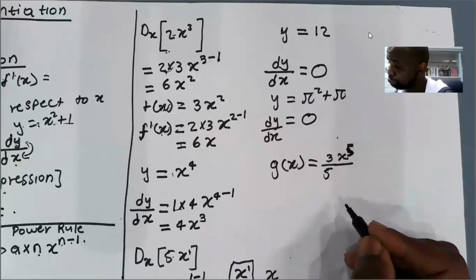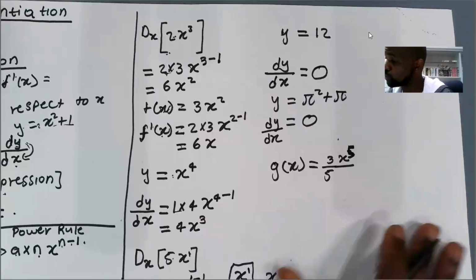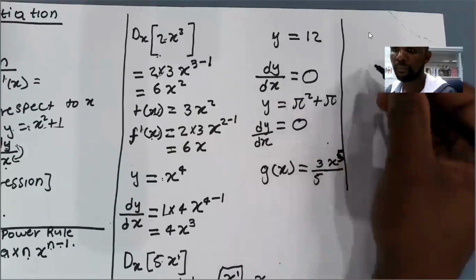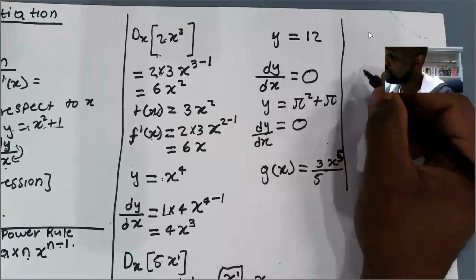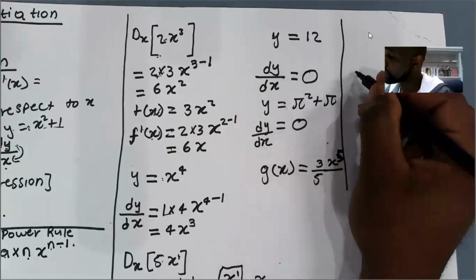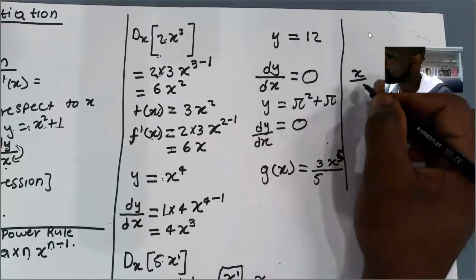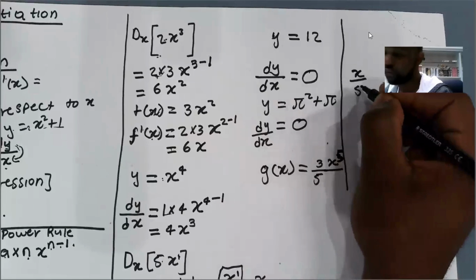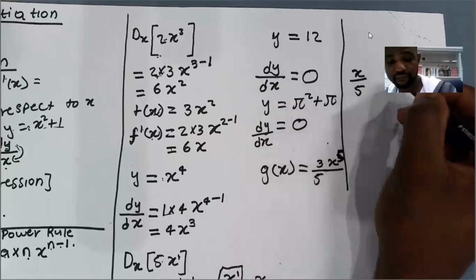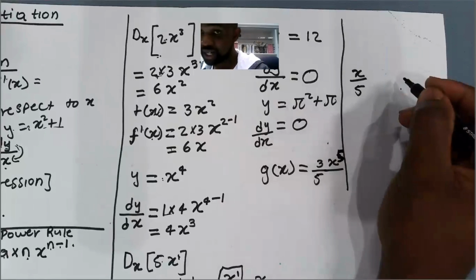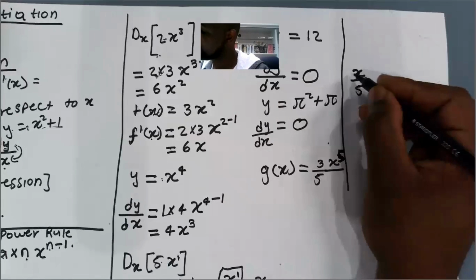Guys, there's something very important that I need to explain to you. Where x is equal to 5 over 5, x over 5, we are fine, guys. Let me just write 1 here.